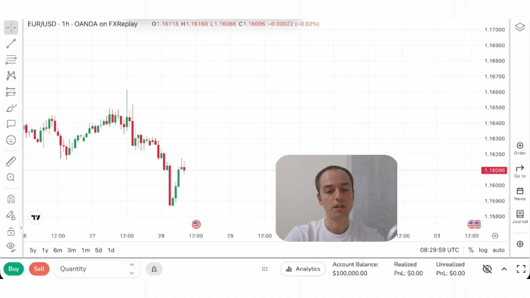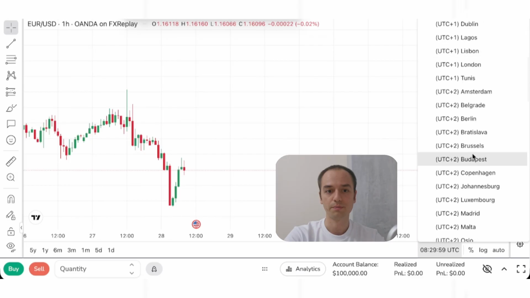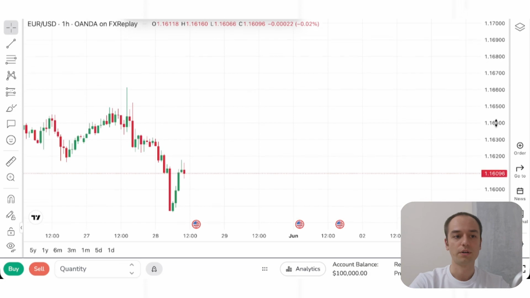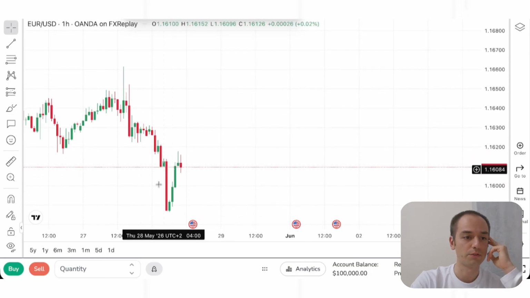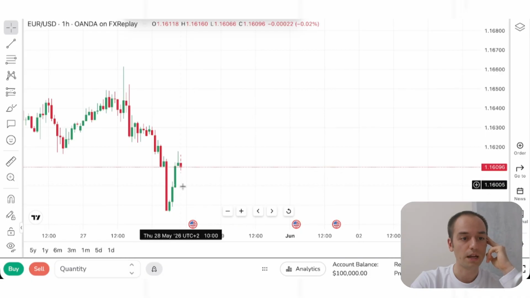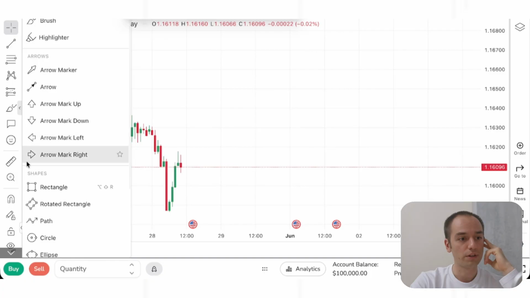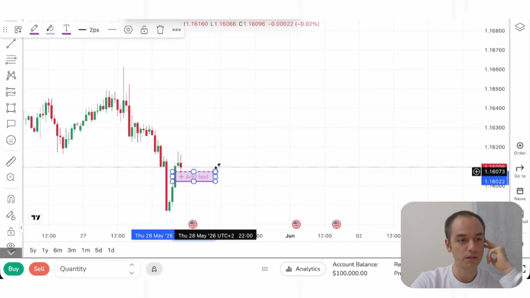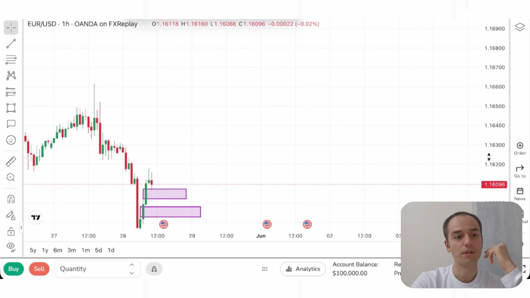So let's say if I put my time here, I'm trying to avoid the nighttime when backtesting because it's unrealistic. But here we basically already see what we want. We see two imbalances. And again, we are not going to hope for it to be covered.